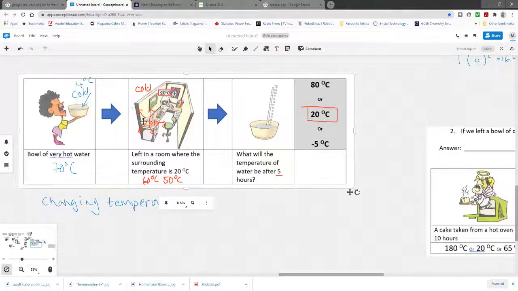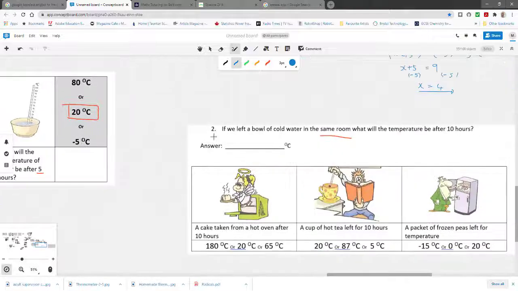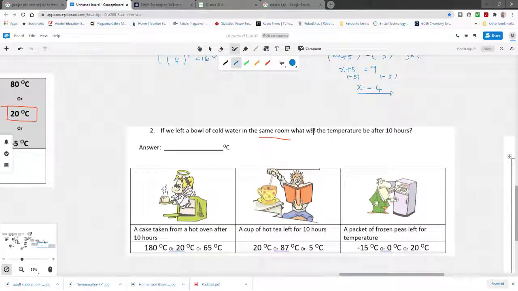If this bowl is 4 degrees Celsius and the room is 20, this water is going to get hotter. After a few hours, let's say after 10 hours, the bowl of cold water, which is 4 degrees Celsius or something similar, will increase to 20 degrees Celsius.